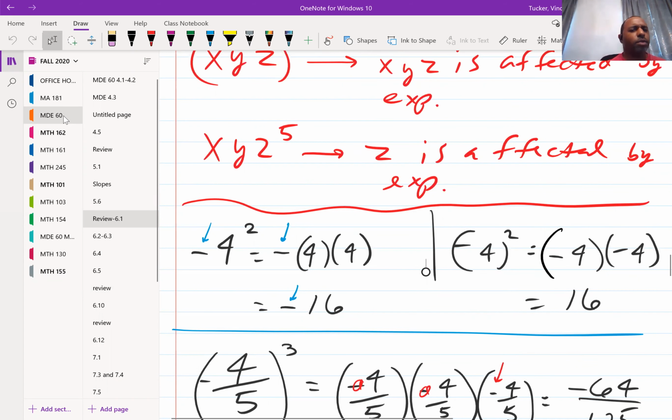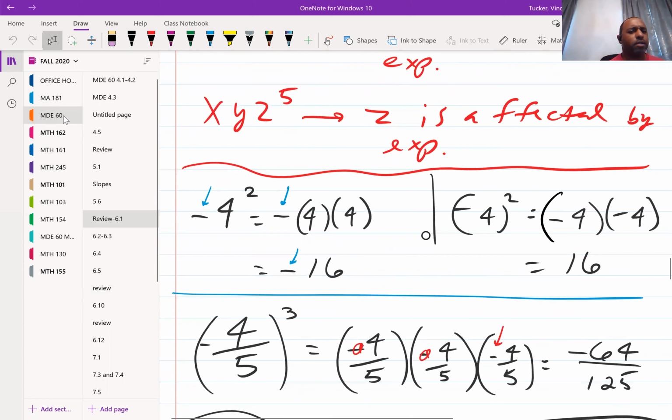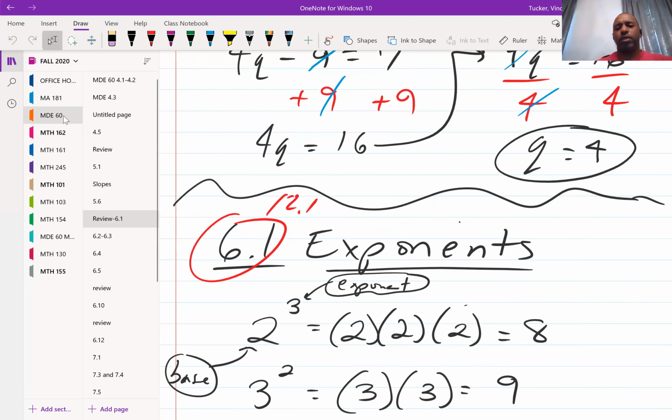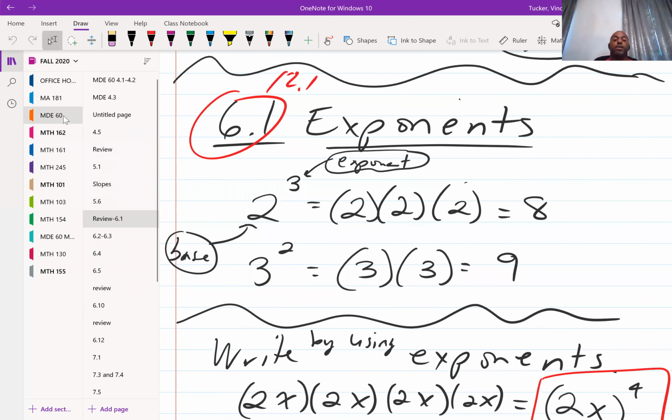Hold on. Did we do exponents at all last class, or did I just give you guys a free day? I forgot. Anybody remember? I think you gave us a free day to study. Okay, gotcha. I think I was going to do exponents and then I pulled back. Okay, thanks. Appreciate it. All right, so let's look at exponents.